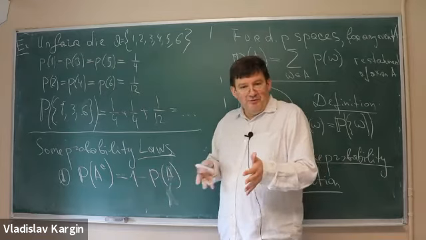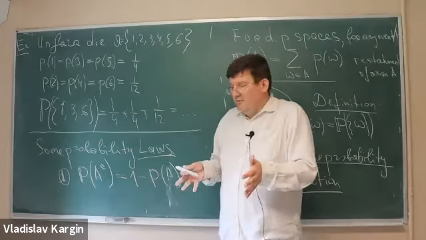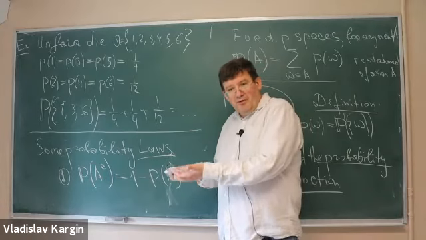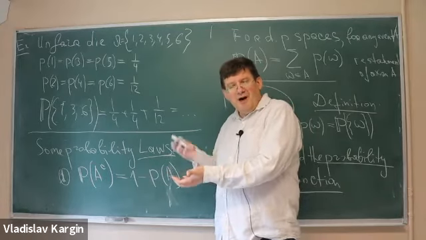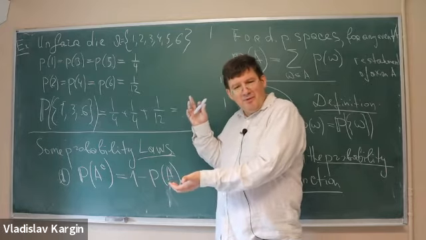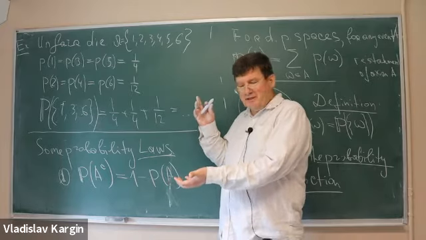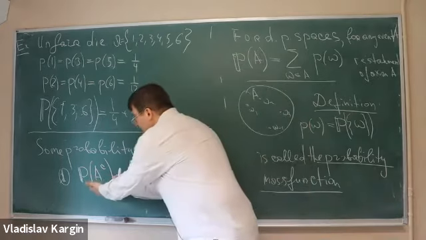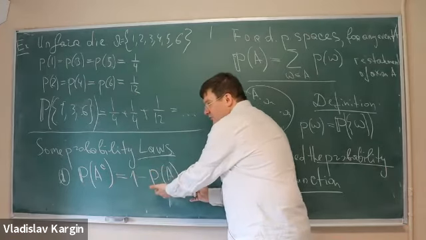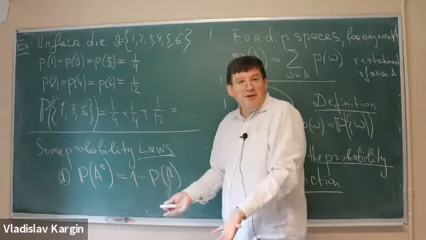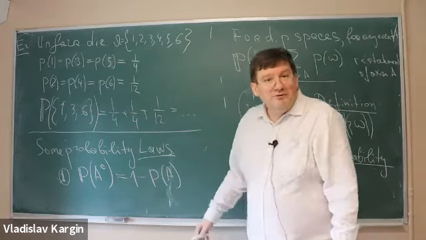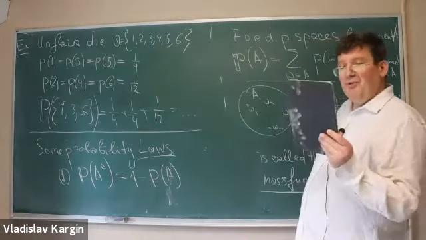They're mutually exclusive, or disjoint, it's the same thing, so they don't have anything in common. If you use axiom 3, which states additivity of the probability of mutually exclusive sets, the probability of A complement plus the probability of A equals the probability of the whole space, which is 1. So this is the first very simple law.